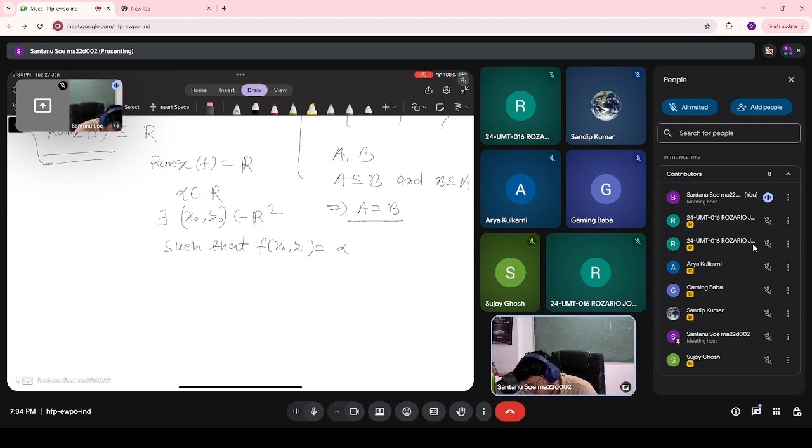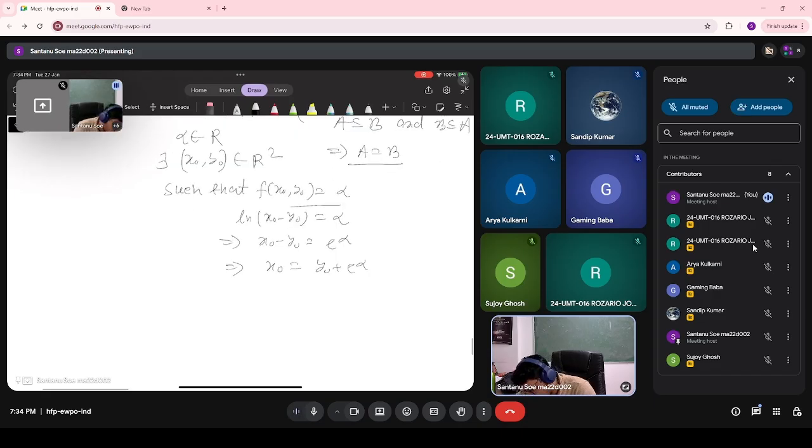So I have to find a point in R2 such that this holds. Now this we can do by solving this equation. So what is f of x0 comma y0? This is nothing but ln of y0 minus x0, and this is nothing but y0 minus x0 equals exponential alpha, and this is nothing but y0 equals x0 plus e to the power alpha.